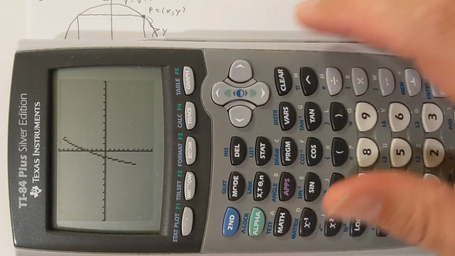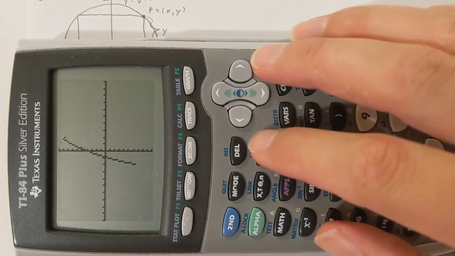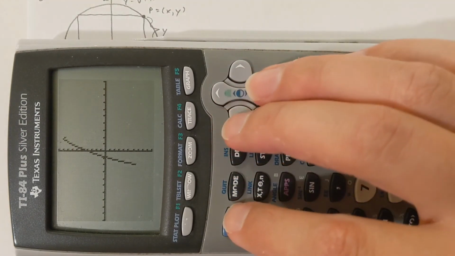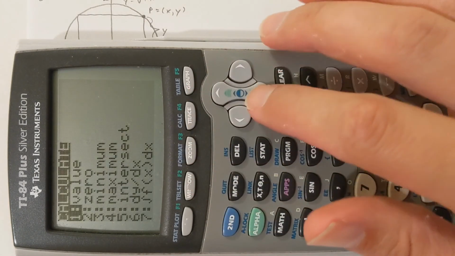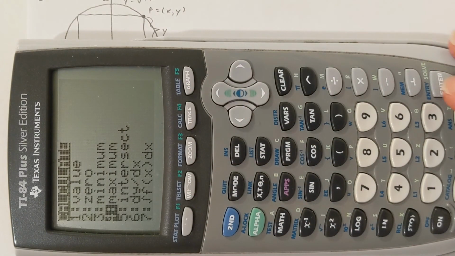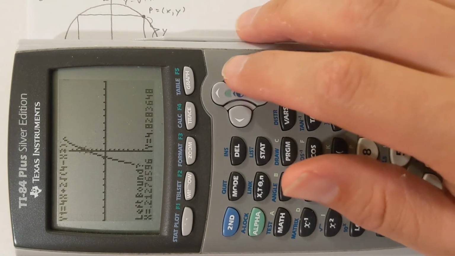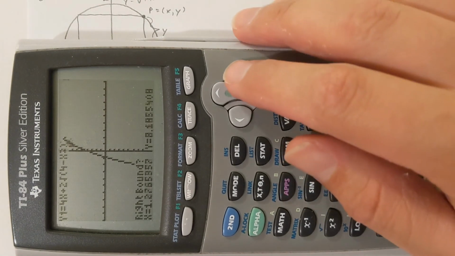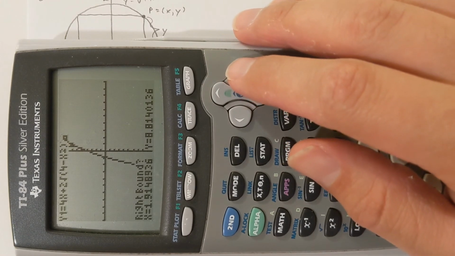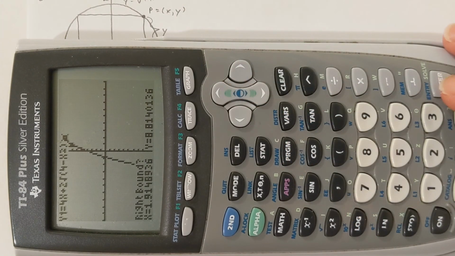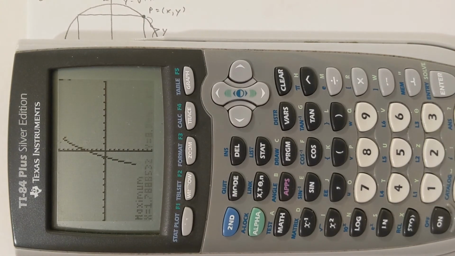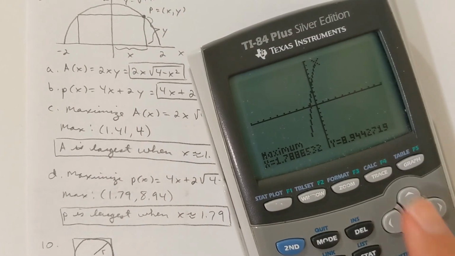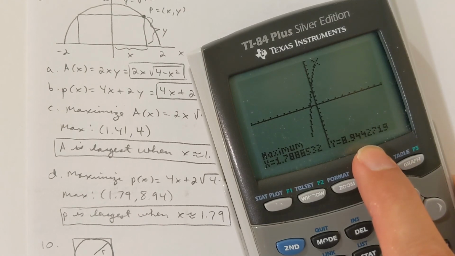Okay, let's see here. Second calc, maximize, left bound, right bound, guess. 1.79, 8.94.